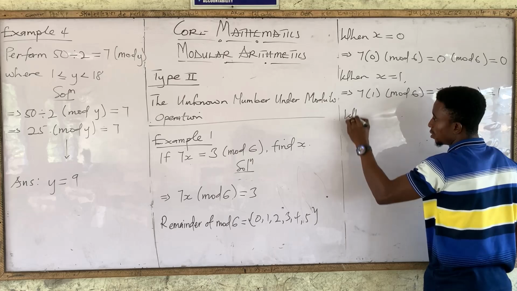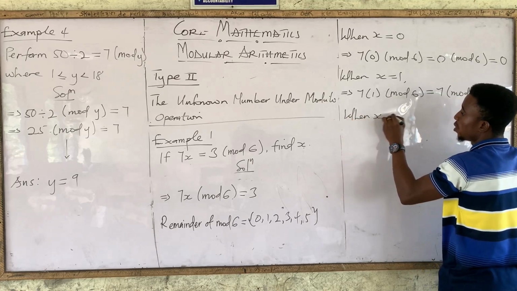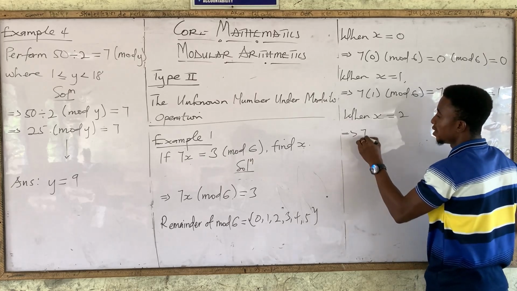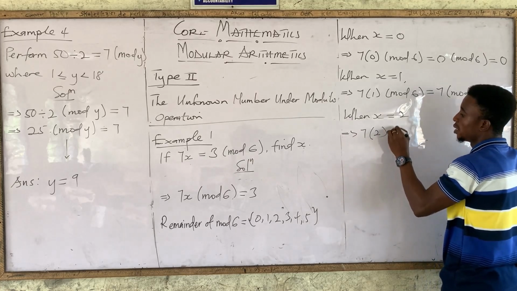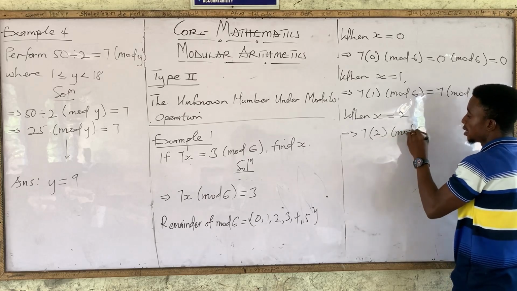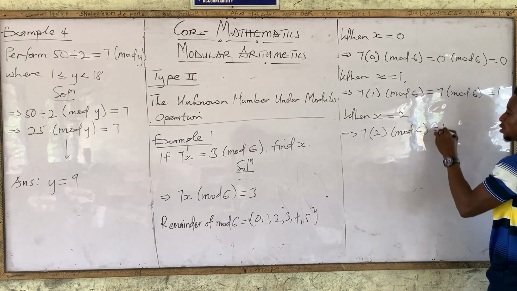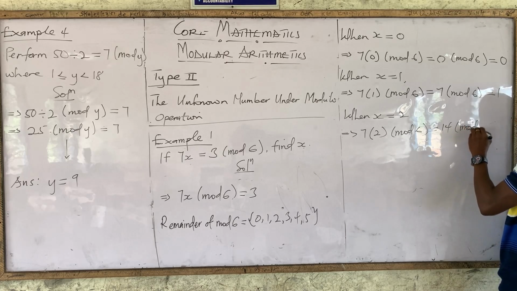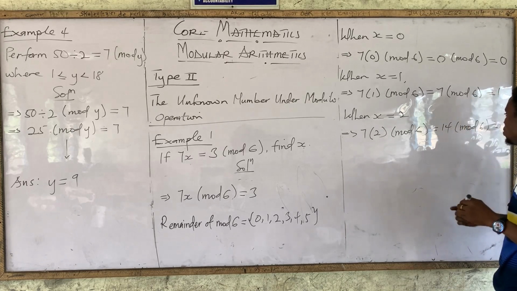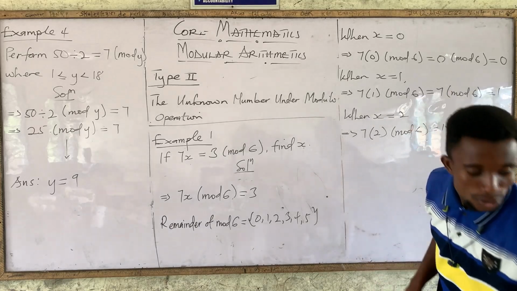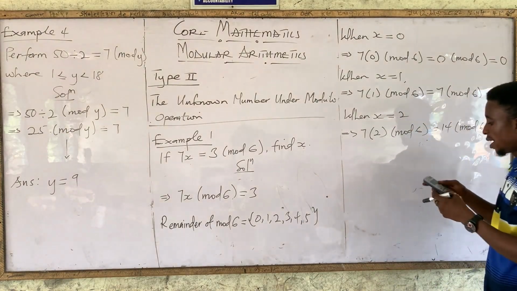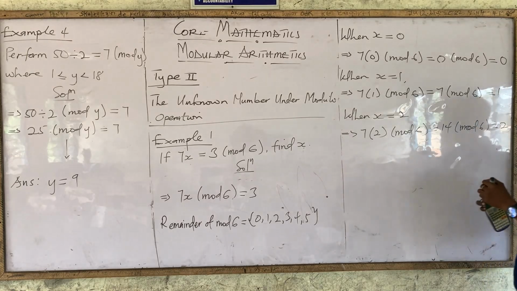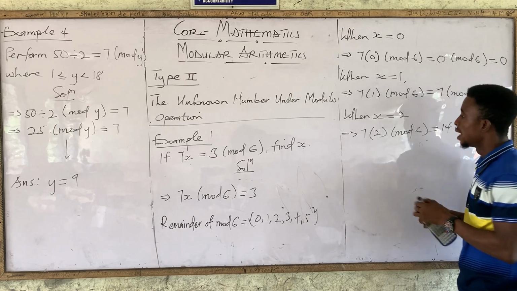Then when x is equal to 2, this one gives us 7 into bracket 2 mod 6, and 7 times 2 is 14. And 14 mod 6 is equal to, you can pick 14 divided by 6, and we are going to get 2.